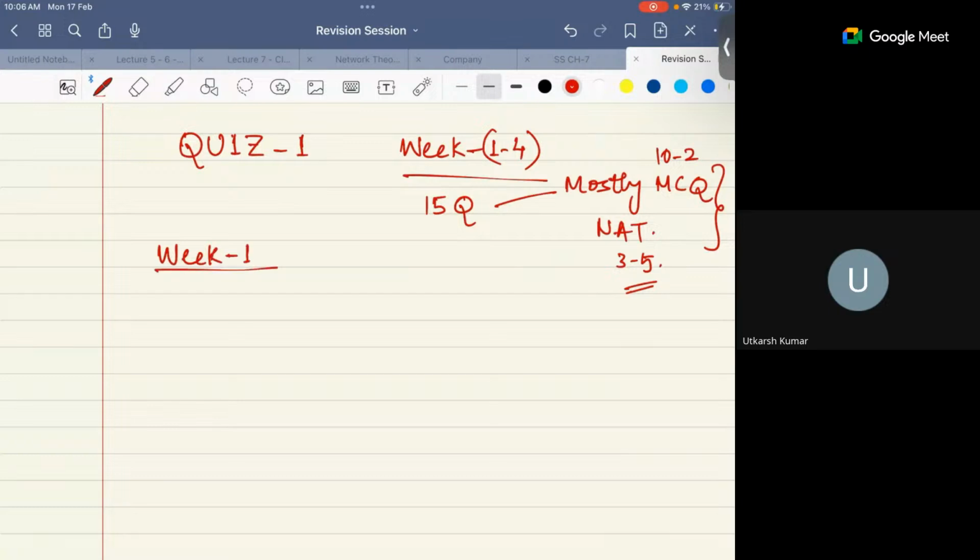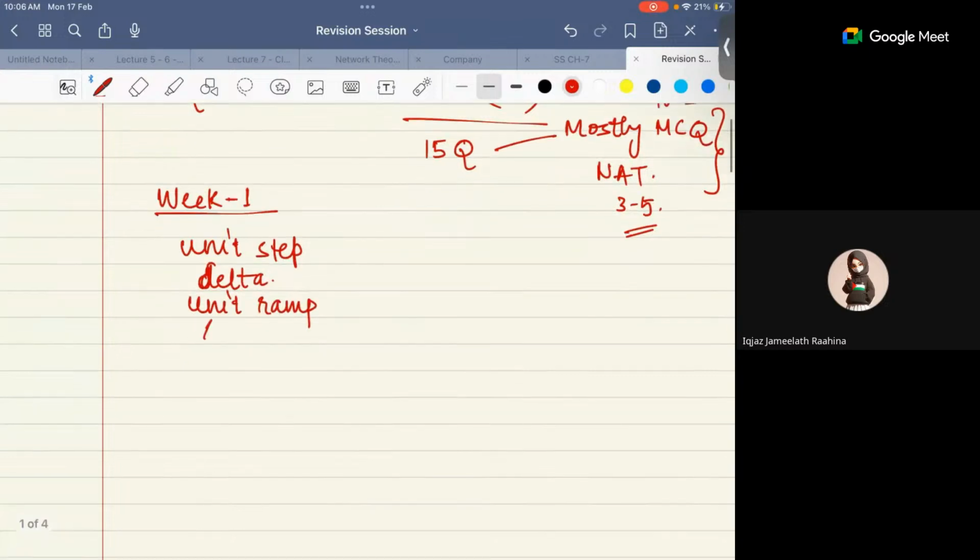So at least the basic signals you must be knowing. Basic signals means the unit step or delta function, unit ramp, rect function, or signum also.